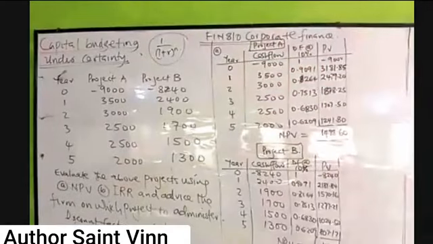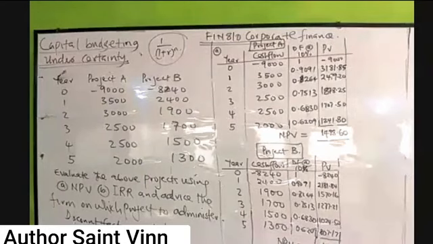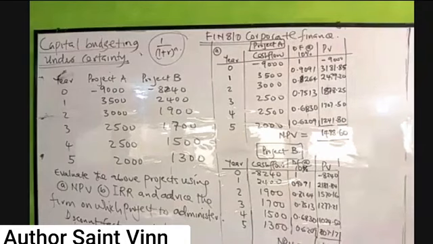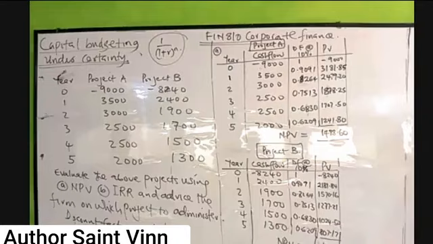When we're using the other formula for getting the NPV, the one with summation CF over 1 plus r, for project B I had minus 1378.99. But using the tabular method, I got 1379.12. There's a difference in the number, not much.